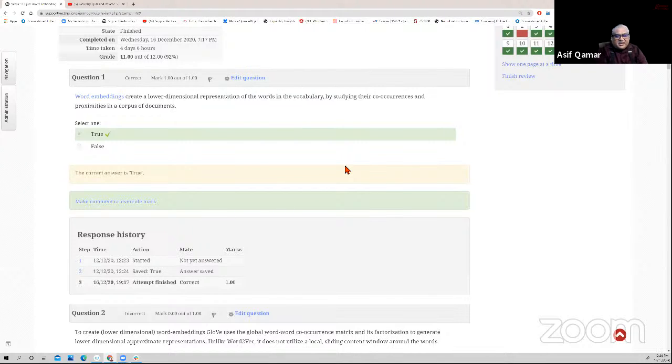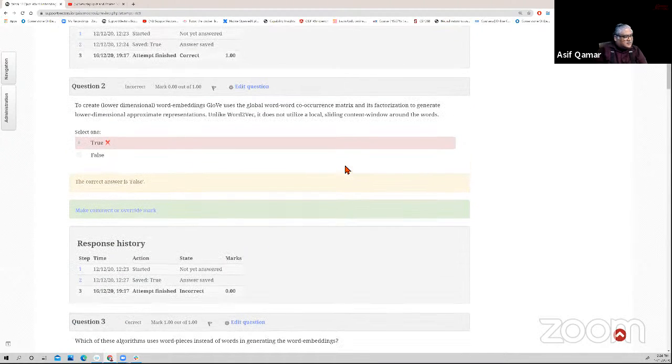The implication being that the meaning of a word can be essentially captured by studying its neighbors, by studying the company that a word keeps in the entire corpus. So from that, this statement is true. I believe most of you got this one right.